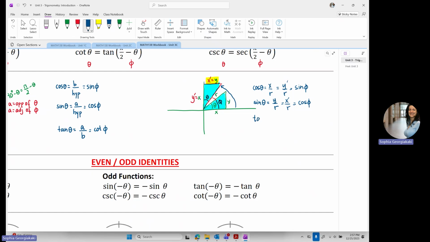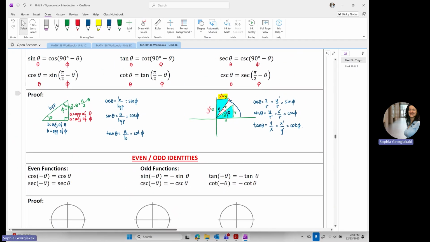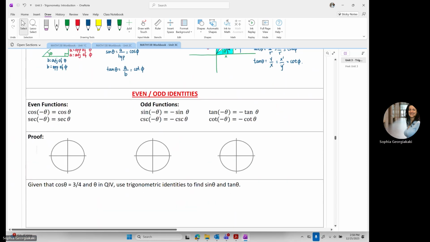And the tangent of theta will equal the y over the x in the triangle attached to the horizontal axis, but that will be equal to the x prime over the y prime for the triangle attached to the vertical axis, and that is the cotangent of phi. So again, you can prove each one of them separately, and you can prove it in a general case.